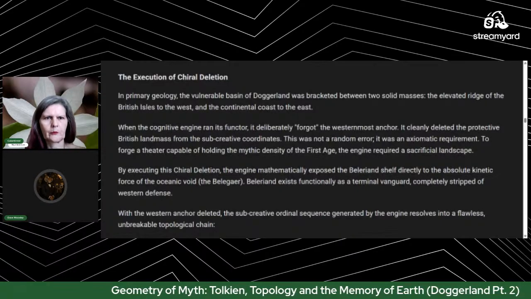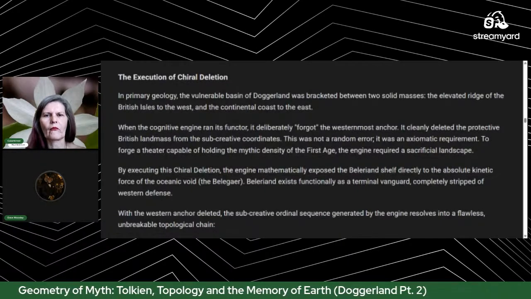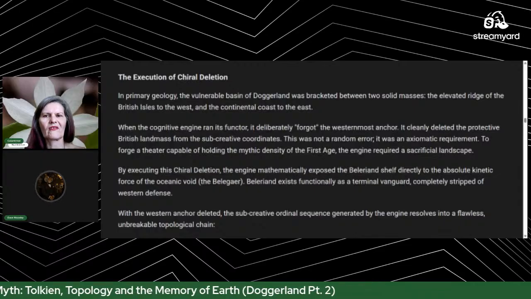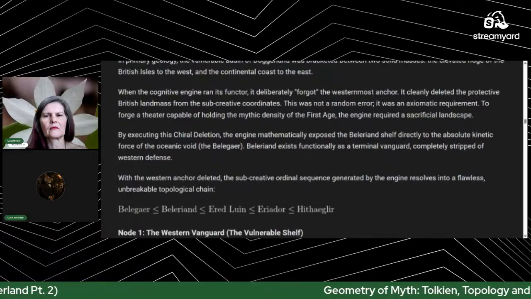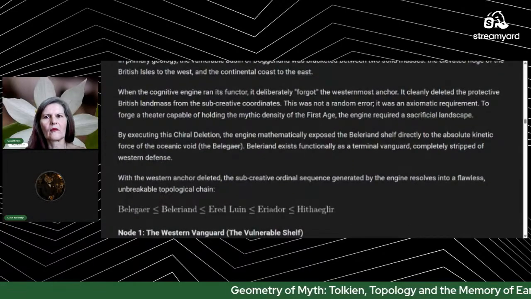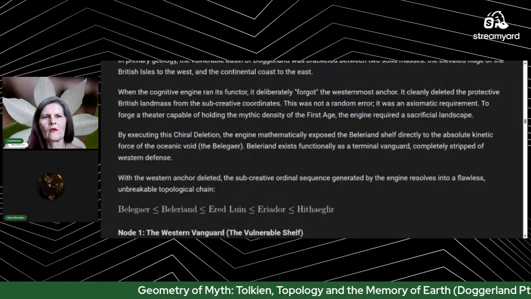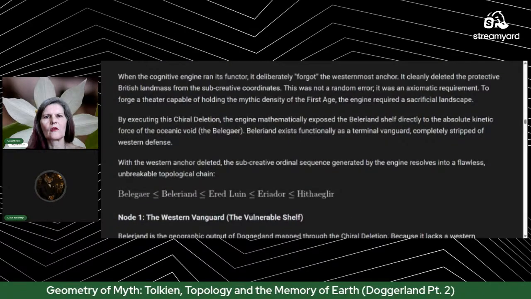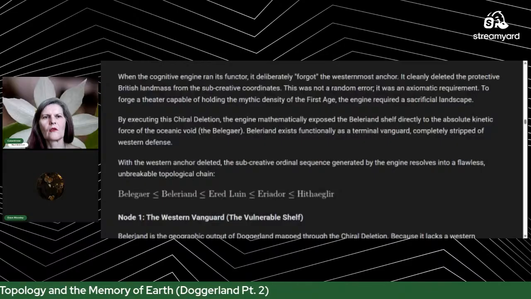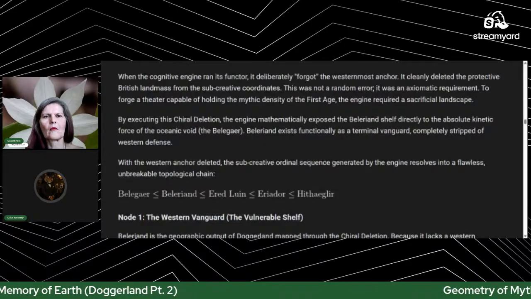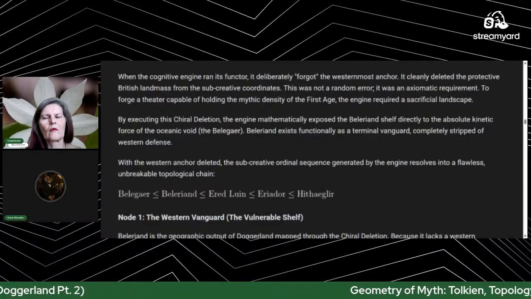When the cognitive engine ran its functor, it deliberately forgot the westernmost anchor. It cleanly deleted the protective British landmass from the subcreative coordinates. This was not a random error, it was an axiomatic requirement. To forge a theater capable of holding the mythic density of the first stage, the engine required a sacrificial landscape. By executing this chiral deletion, the engine mathematically exposed the Beleriand shelf.